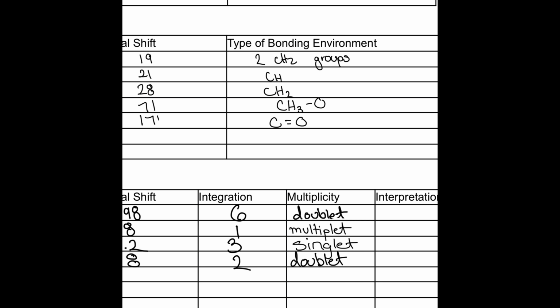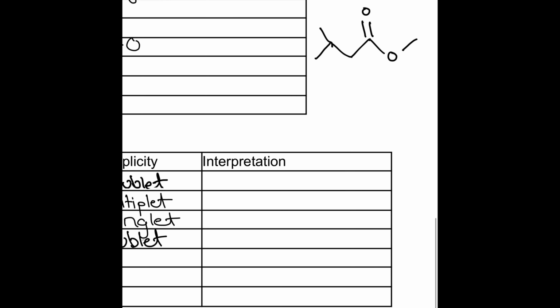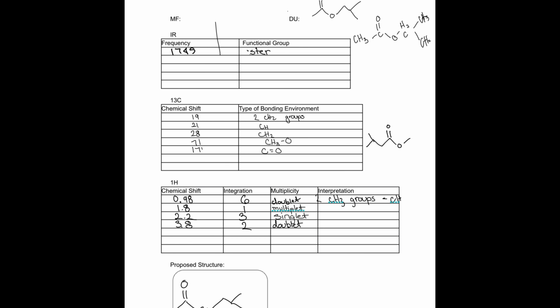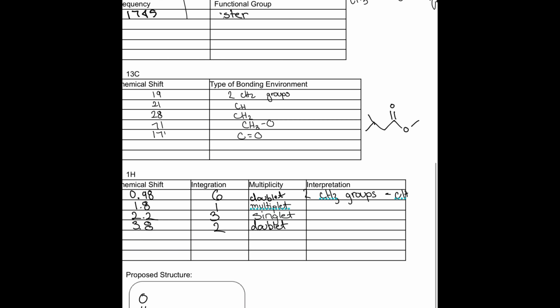And as far as the interpretation goes, there are 2 CH3 groups attached to CH. Don't have enough space, but that's the interpretation for that 0.98 chemical shift.